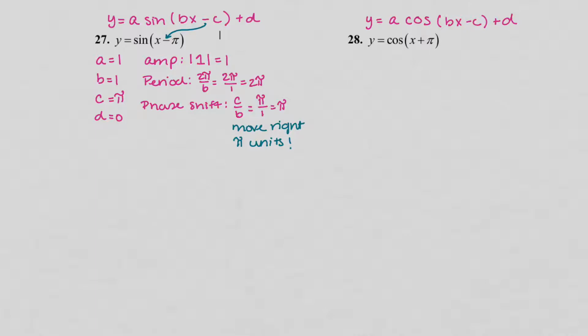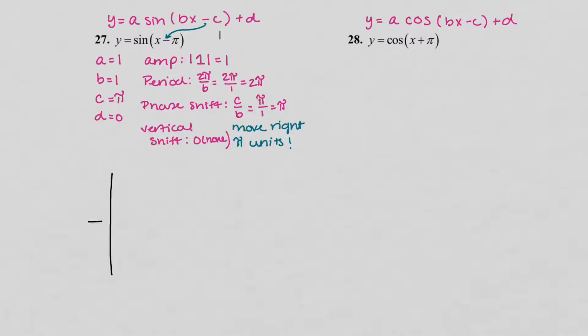All right, and the last one is vertical shift. And because our d value is 0, our vertical shift is 0, or there is none. So the only thing that has changed about the sine graph from the parent function is that it has moved right pi units.